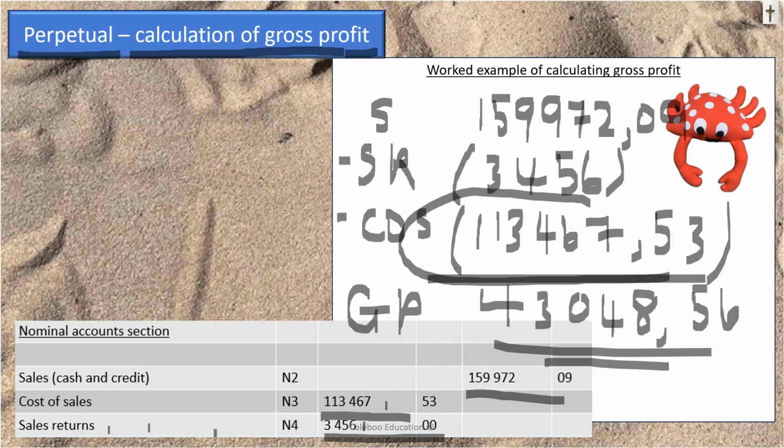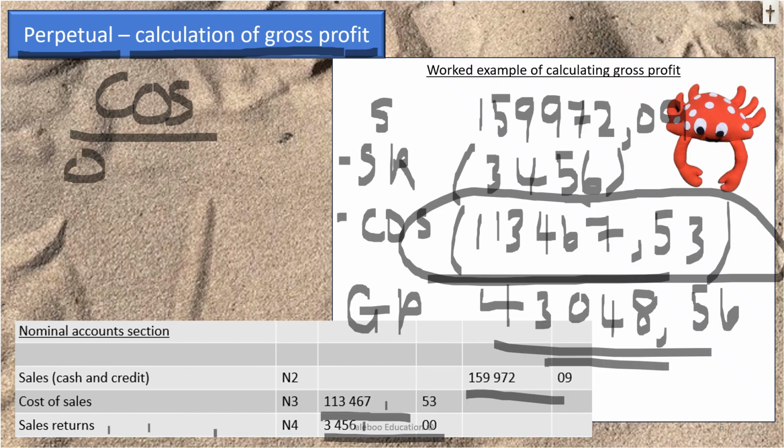Cost of sales is calculated after every single sale. In the periodic inventory system, which I'm going to start covering in the next video, there is a formula for cost of sales, and it's opening stock plus purchases plus carriage inwards plus a few other costs less closing stock, and that's going to give you the cost of sales.